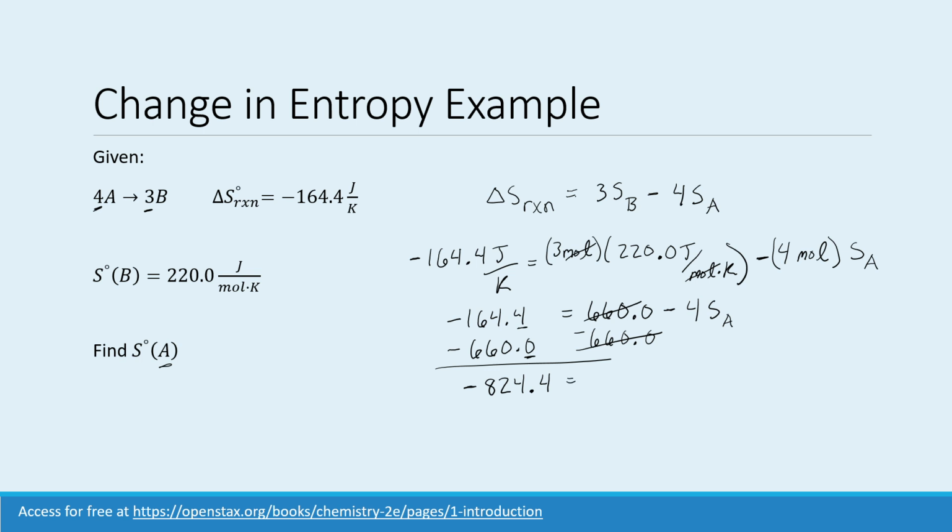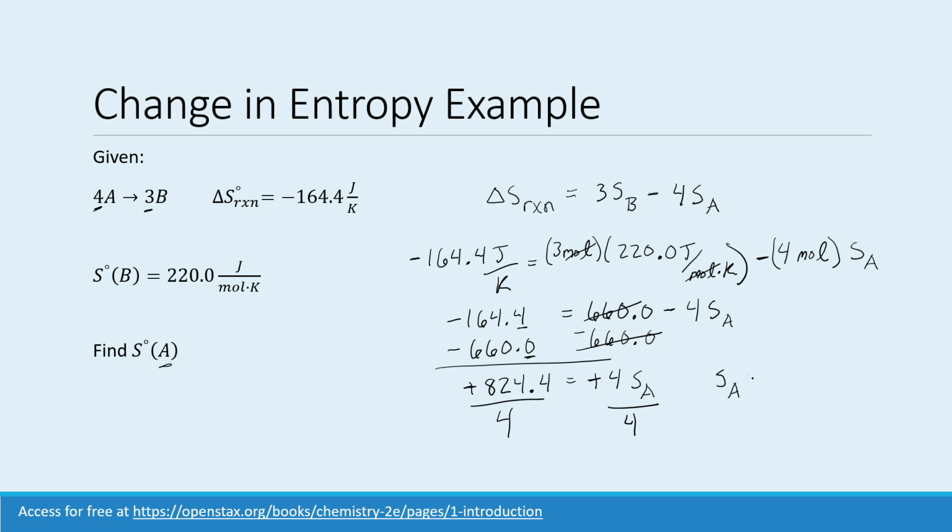So we get negative 824.4 equals negative 4 times the SA, the entropy of A that we don't know. Now they're both negative signs, so at this point we can make them both positive. And the last step would be to divide by 4 on both sides.